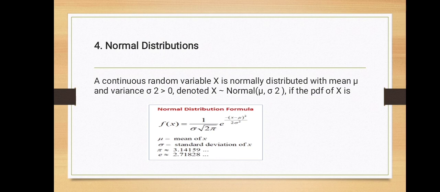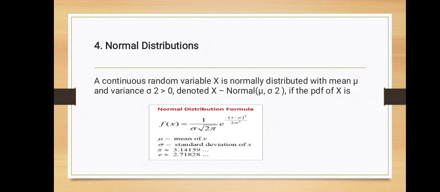One of the equations contained in the normal distribution is related to the density function. The following is the density function in the normal distribution. You can look at the slide of my videos of the normal distribution formula.